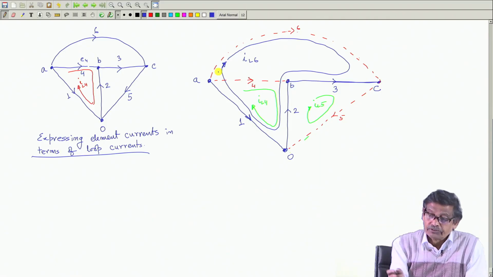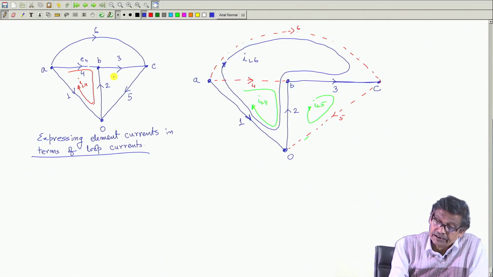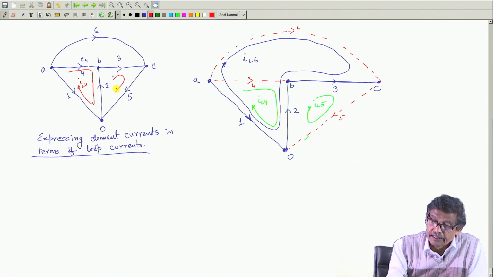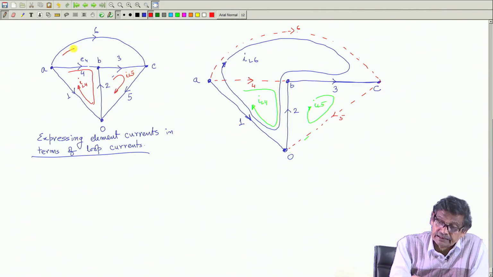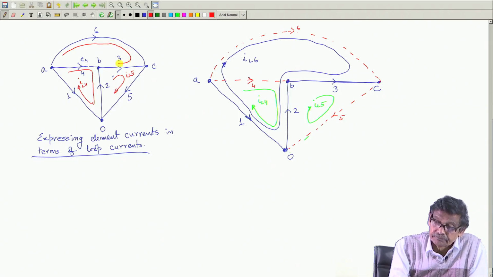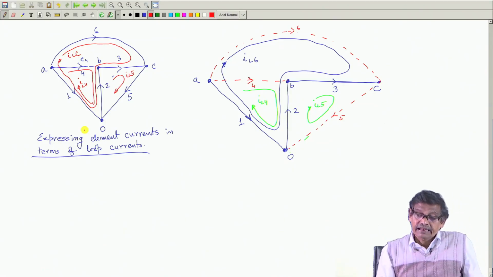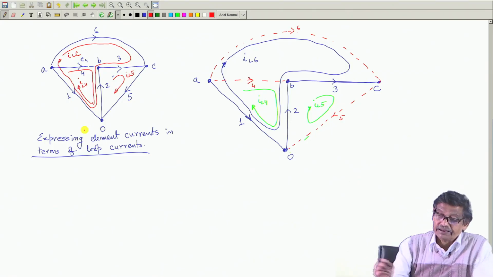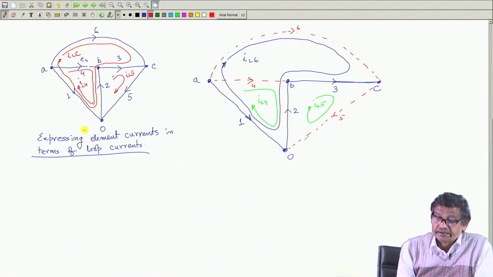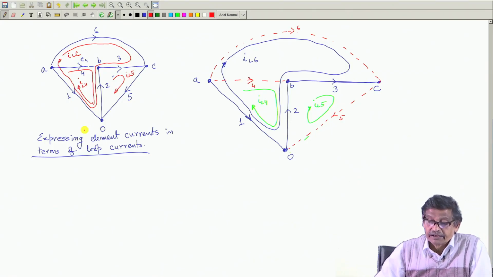So, here also if I show, it is IL5, I have assumed it to be this IL5, and IL6 is this one. This is IL6. Then you can easily see how to write down the element currents in terms of loop currents.